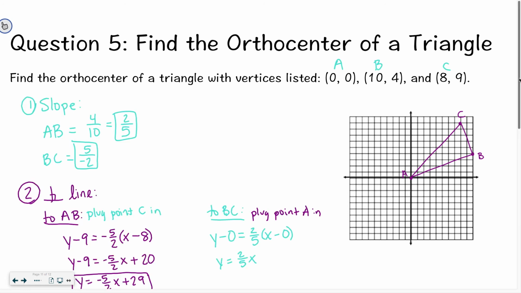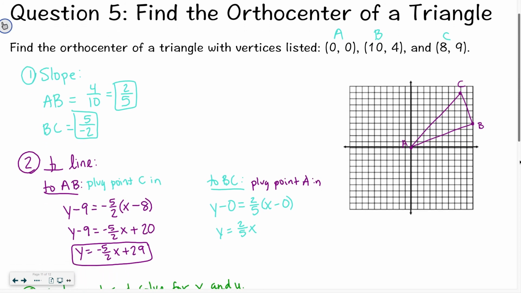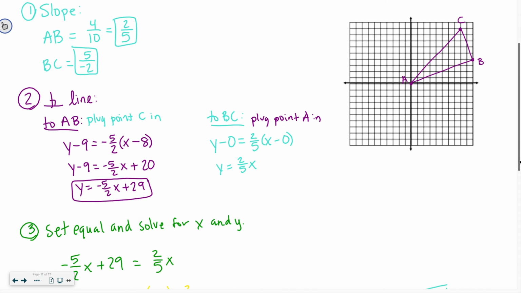All right, so for this one, hopefully you started by finding the slope of 2 lines. You may or may not have used the same 2 lines as me. If you did use the same 2 lines, then you should have ended up with the same equations. Remember the equation, you make the slope perpendicular and plug in the point that has not been used. So in this case, when I was finding the perpendicular line to AB, I had to plug point C in.